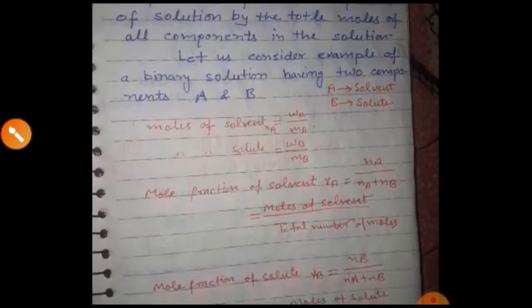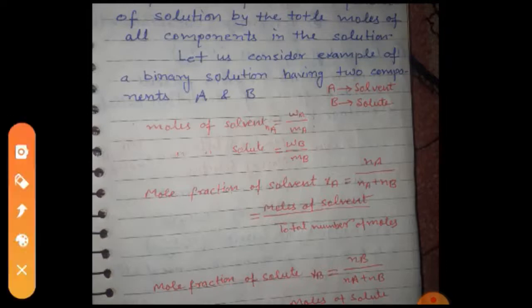Let us consider the example of a binary solution having two components A and B. If A is the solvent and B is the solute, then moles of solvent Na equals Wa upon Ma and moles of solute Nb equals Wb upon Mb.